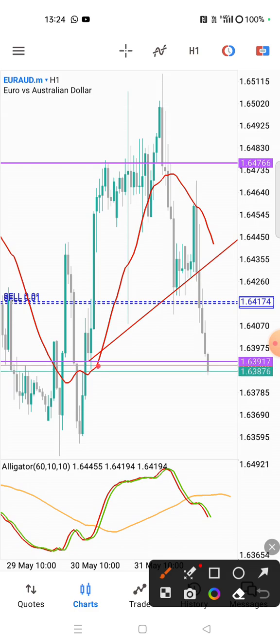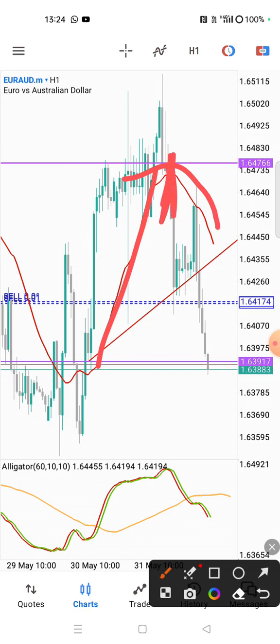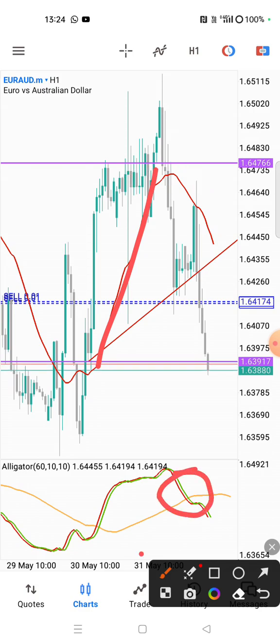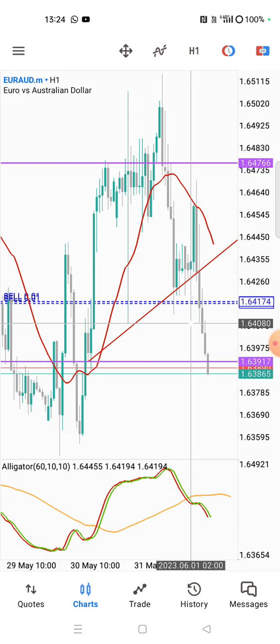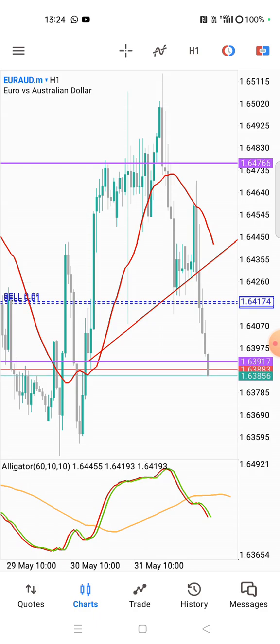Okay, last night it already crossed. This candle already crossed, but then I didn't take the trade because here hasn't crossed yet. Okay, when did it cross? I think around here. Okay, why did I put a trend line?